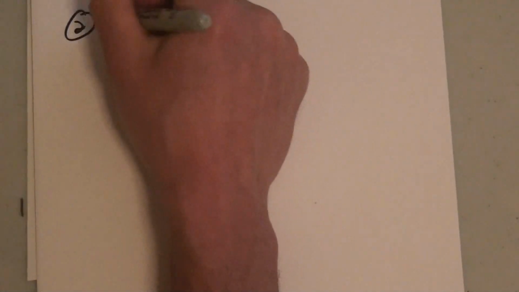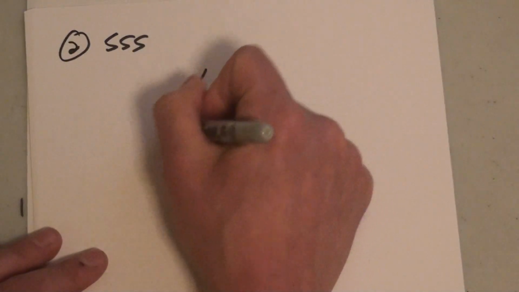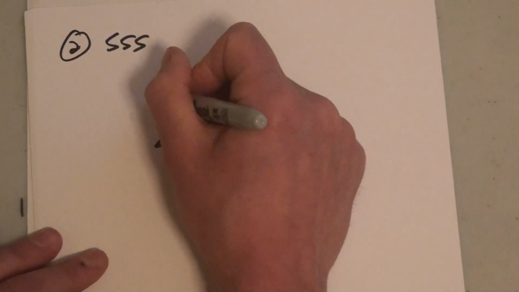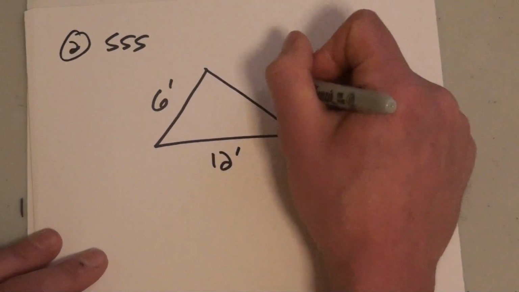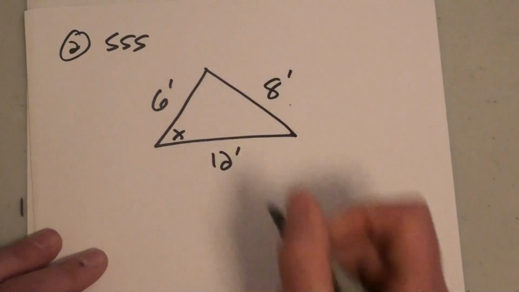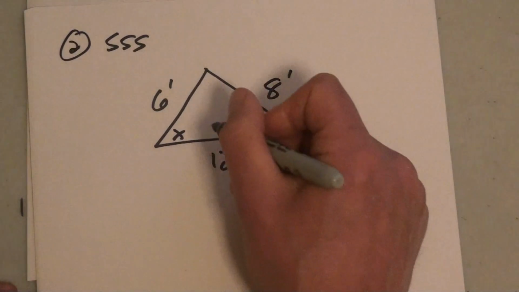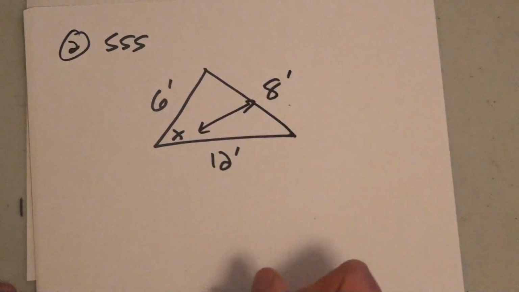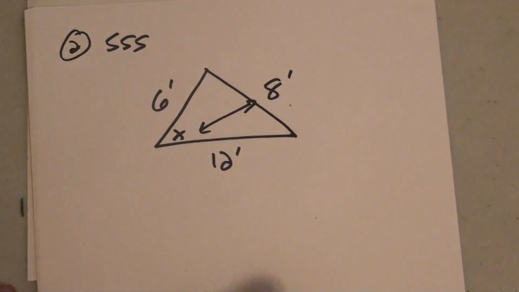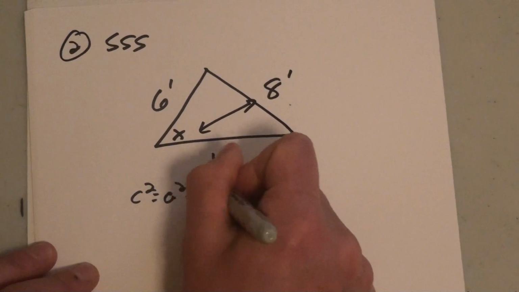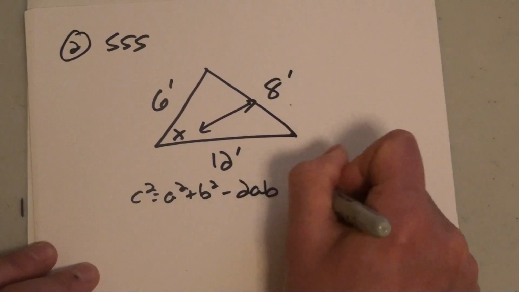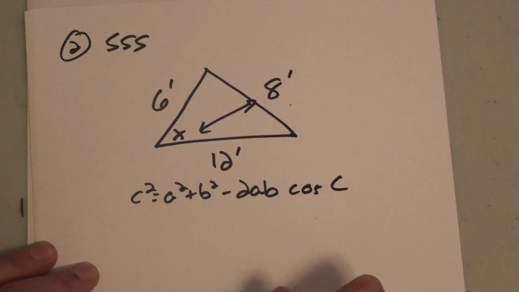The second example is if you have all three sides. So let's use a triangle that goes 6 feet by 12 feet by 8 feet, and let's find the angle down here. Again, the only ones that matter are the opposite ones. So that's my angle c, that must be my length c in the formula. c squared equals a squared plus b squared minus 2ab cos c.